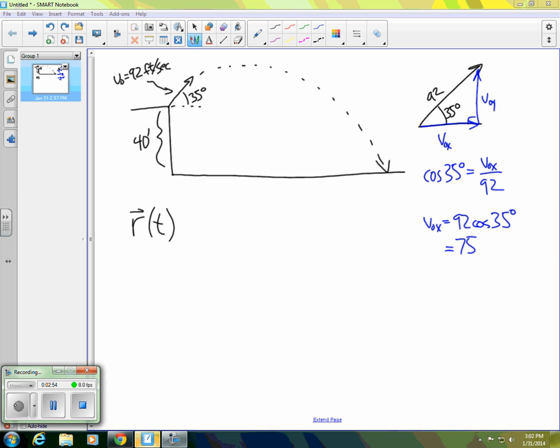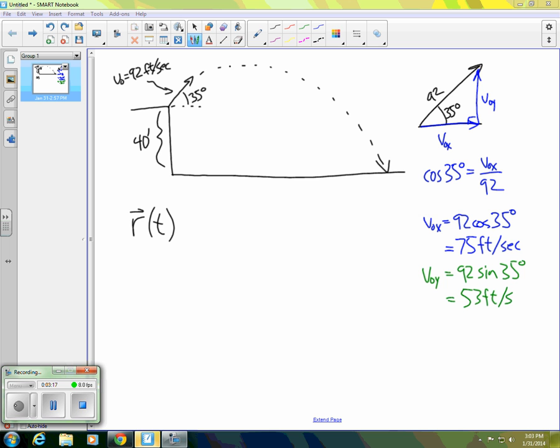Actually, it's not feet, it's feet per second, the same units as the 92. By the same reasoning, v0y is 92 times the sine of 35 degrees, which to the nearest foot is 53 feet per second.